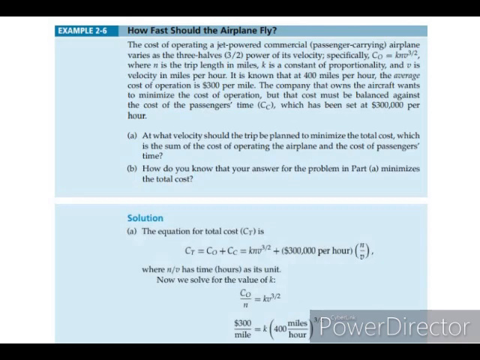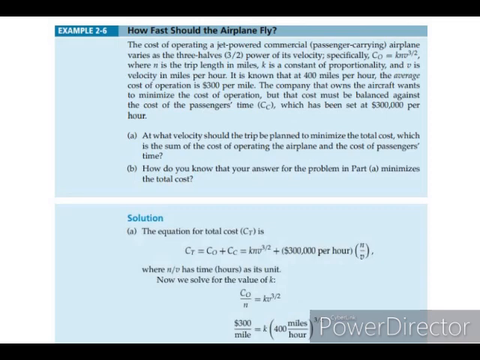How fast should the airplane fly? Here we will be making a decision about that. The cost of operating a jet-powered commercial passenger-carrying airplane varies as the three halves power of its velocity. Take note of these givens.